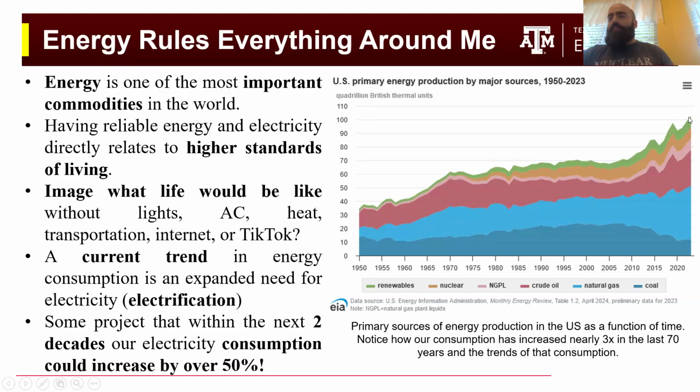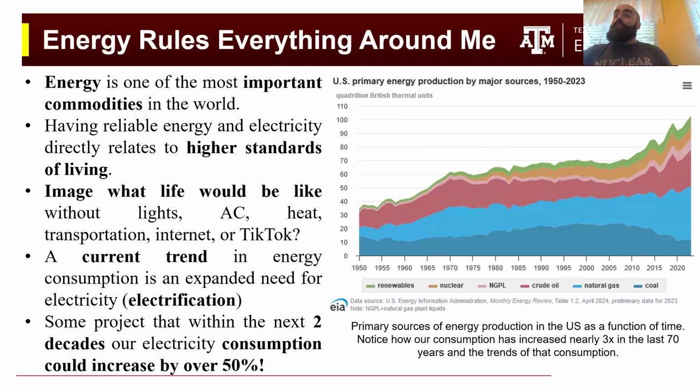And by the end of 2023, we were using over 100 quadrillion British thermal units per year. So that's like a factor of three increase in how much energy we have been using from 1950 to today. The amount of energy that we've needed has gone up considerably.